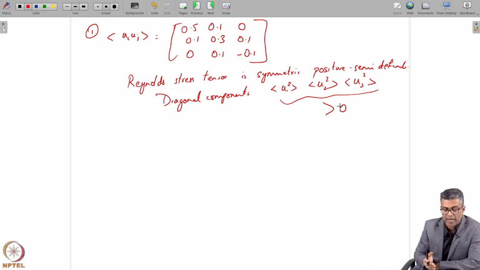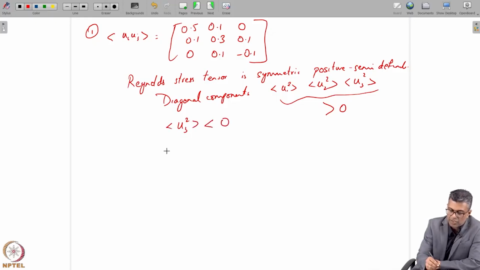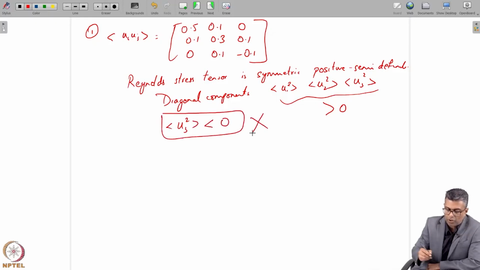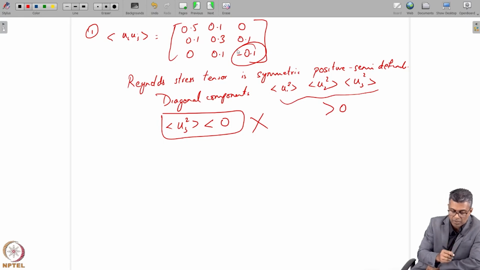So now you can easily identify, because u3 squared average seems to be less than 0. This is wrong. This cannot be the case. Right here is your culprit. Minus 0.1. That cannot be the case. So that's your mistake in the way the Reynolds stress tensor is written here.